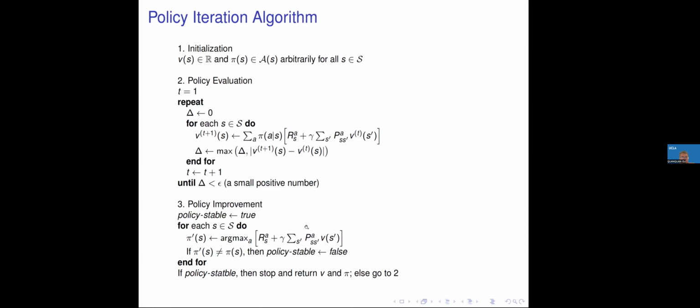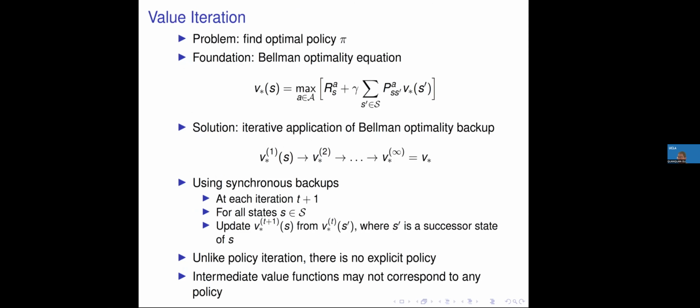Okay, so in the remaining maybe 5 minutes of this lecture, I will introduce another equally important and equally useful algorithm, which is called value iteration. Value iteration just wants to find the optimal policy directly.